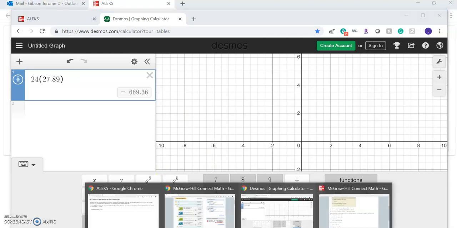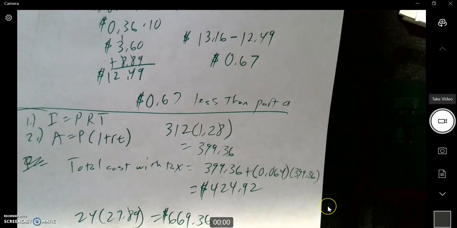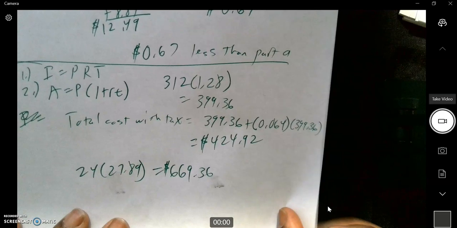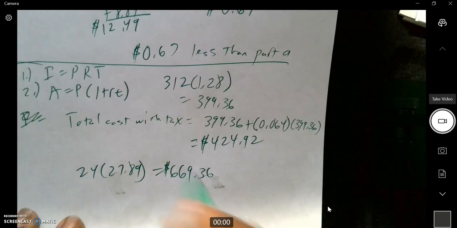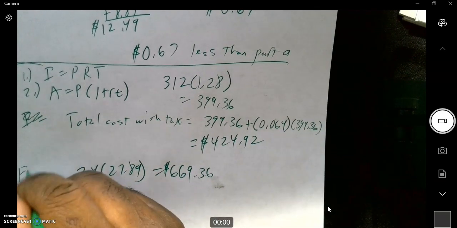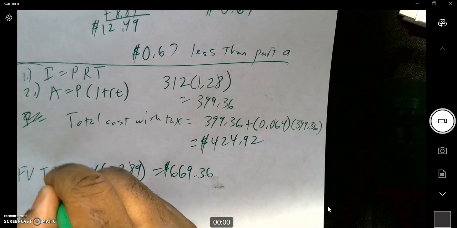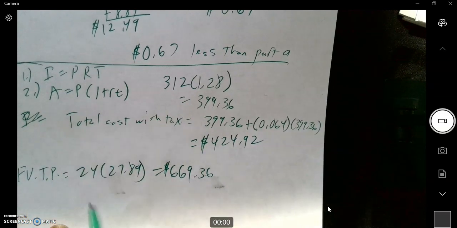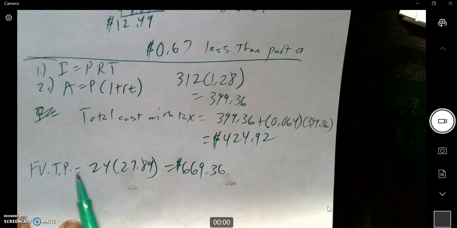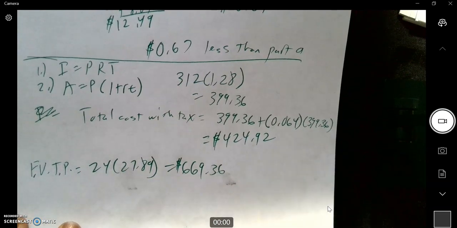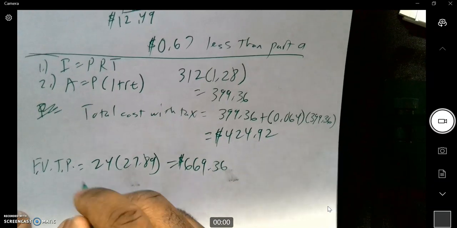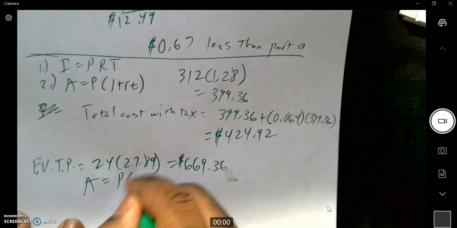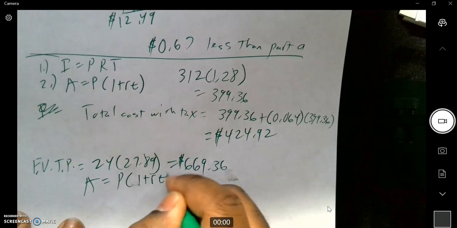Okay, let's go back to the camera. Okay, that gave us $669.36. Now this is the future value, the total payments. Okay, now we will use the future value formula that A equals P times 1 plus RT.